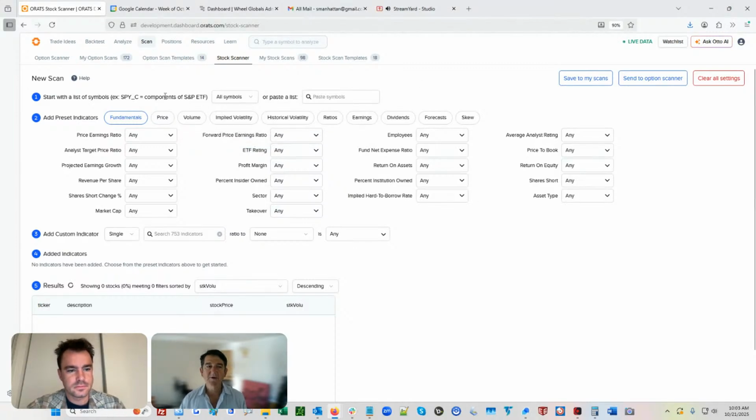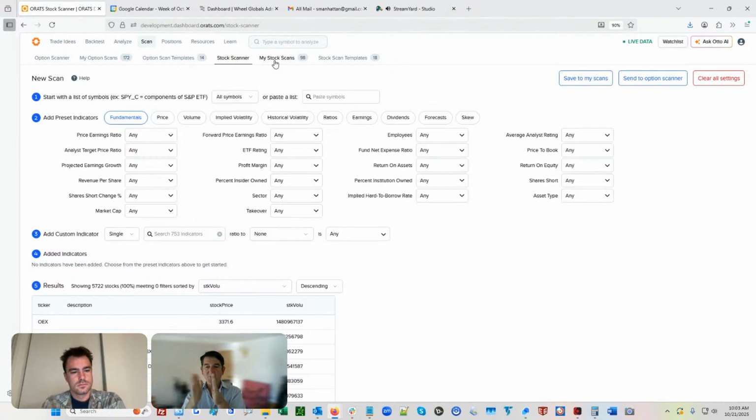Absolutely. What you want to do is find where the front month is greater than the back month, but we also have a measurement called forward volatility. If everything was flat, the forward volatility would be equal to the front and back month. So it's 30, 30, the forward's 30.